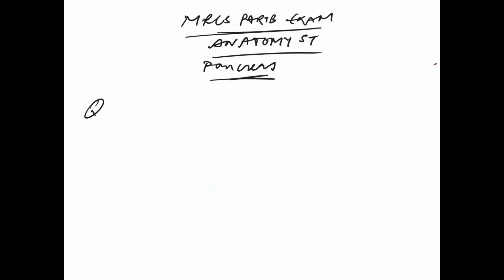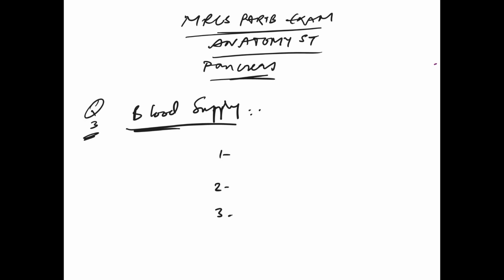Now they are going to move to the third question in this station. The third question, as I mentioned before, is going to be about the blood supply, and this is a beautiful question actually, because the blood supply of the pancreas is so clear and straightforward. It has 3 origins, and you want to know them.